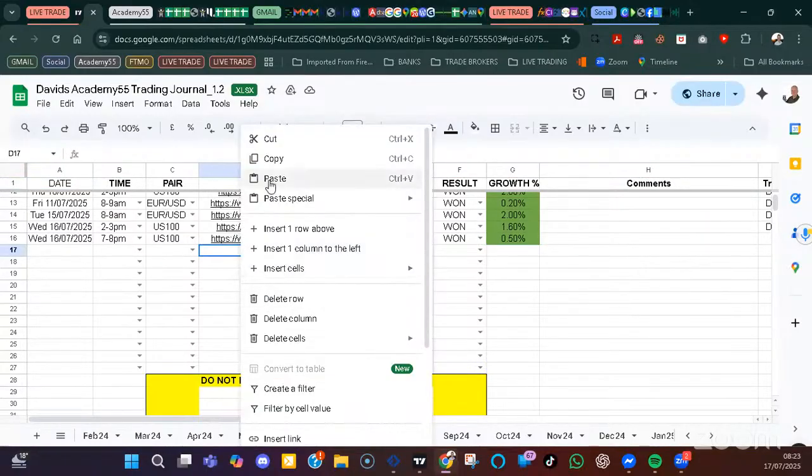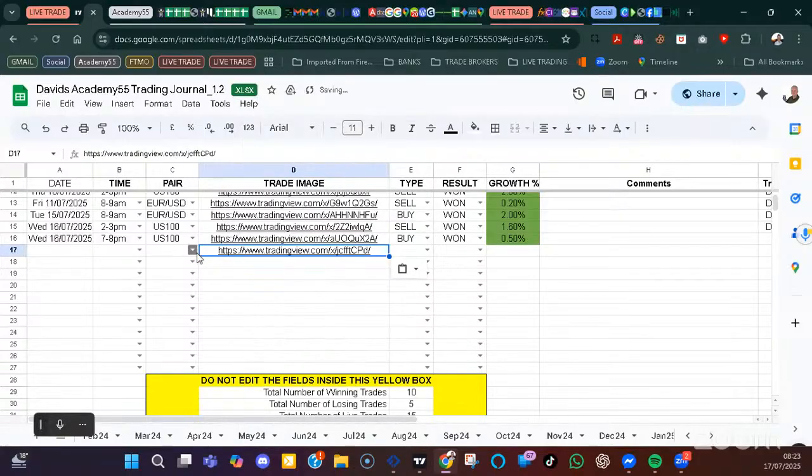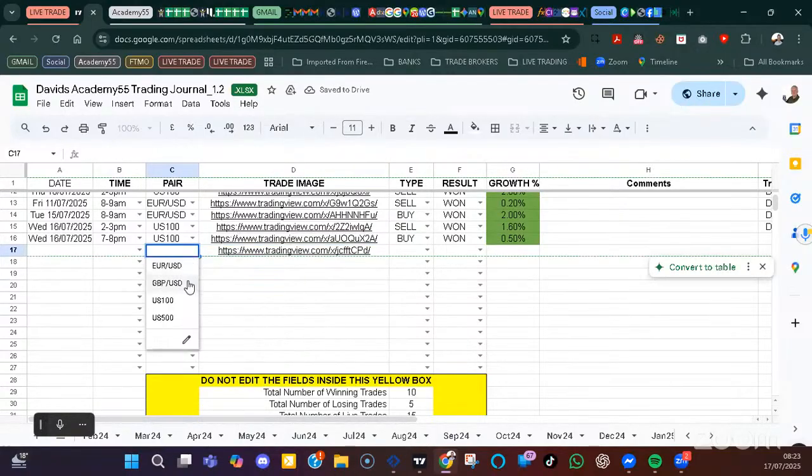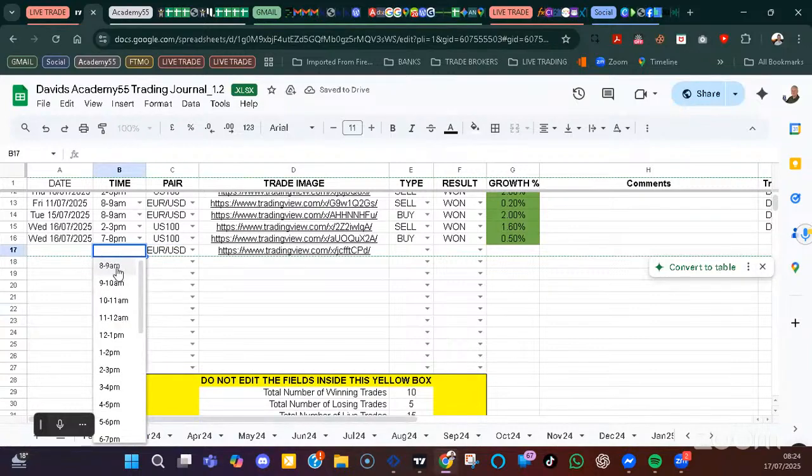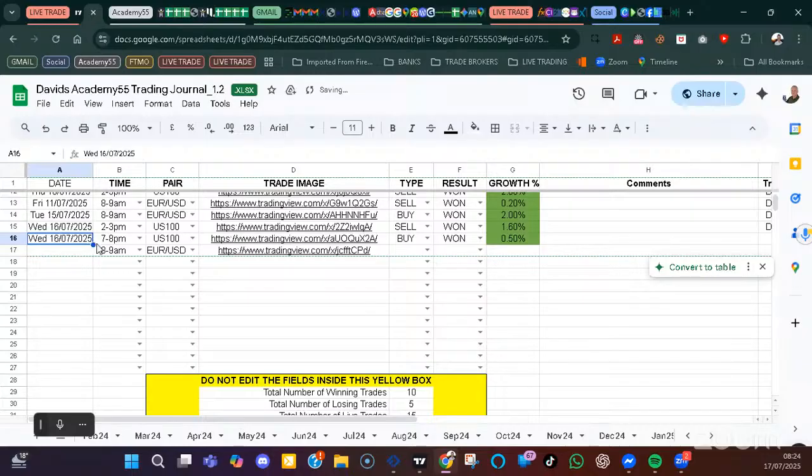Paste it in my journal that all Academy 55 members can see. I'm on the EUR USD, 8 to 9. Drag that down. I'll say Thursday the 17th. It was a buy. Unfortunately, it lost. So unfortunately, got -1, not a big deal, as I said.